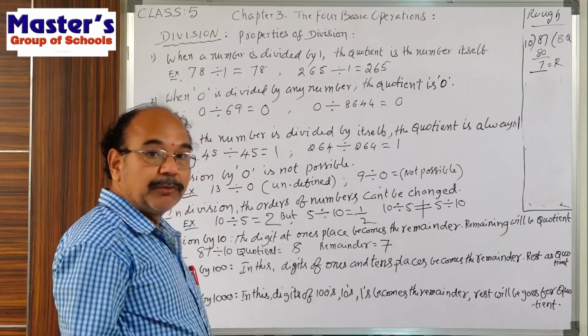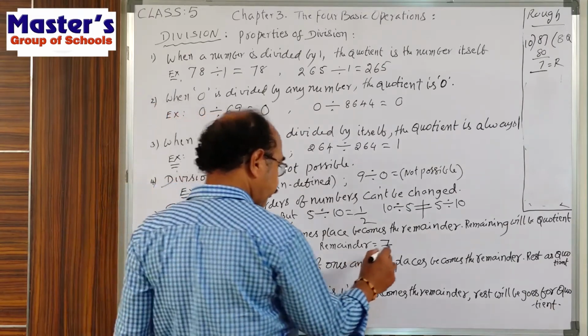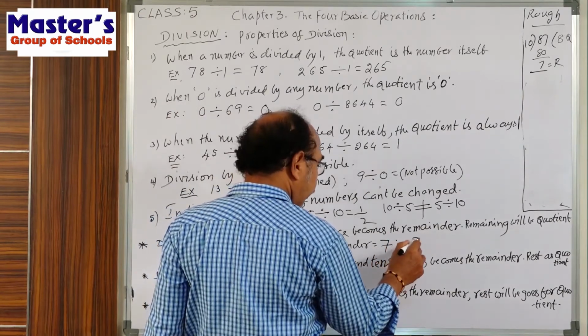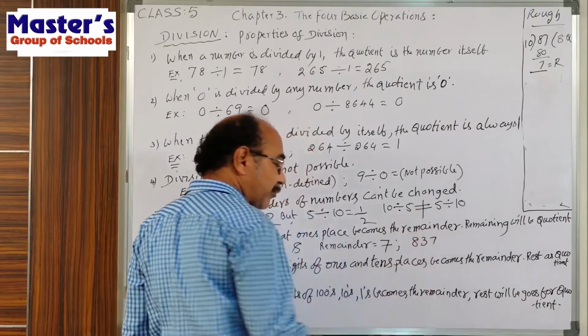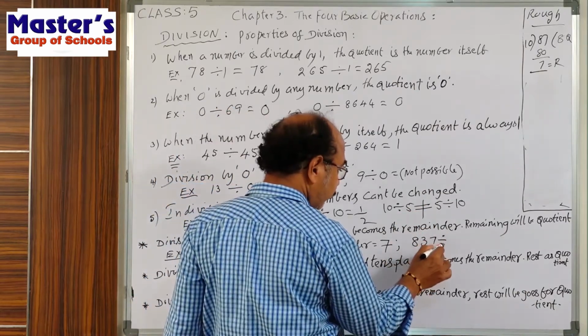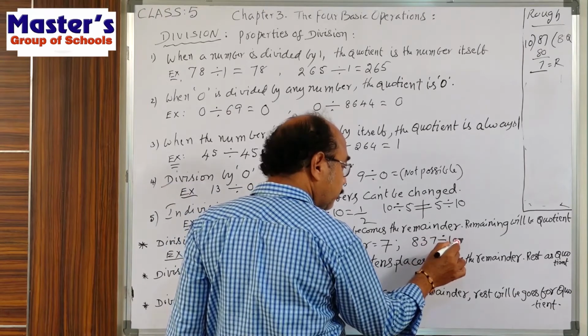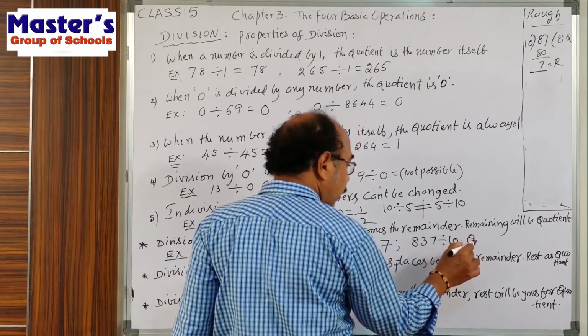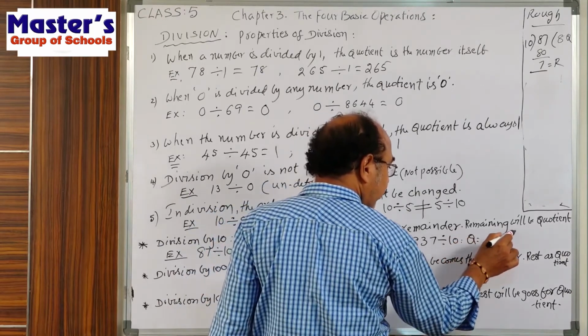Okay, students. One more example, see: 837 divided by 10. In this, write the quotient and remainder.